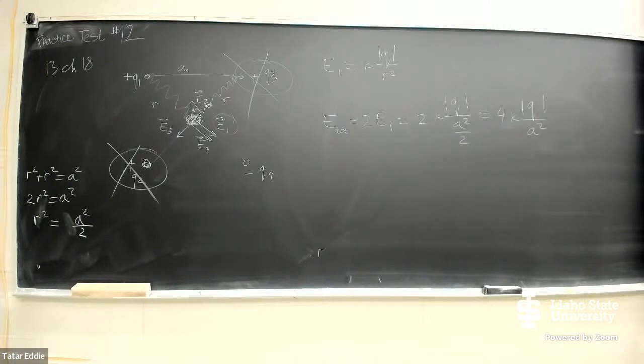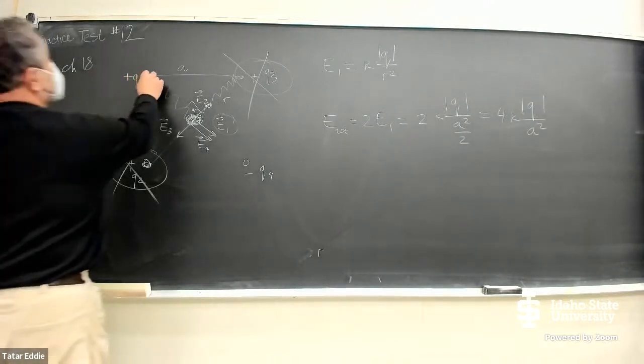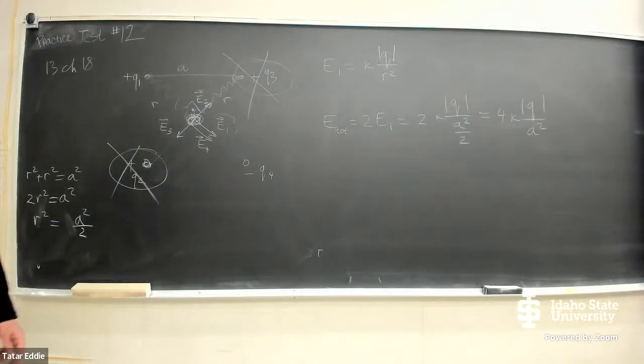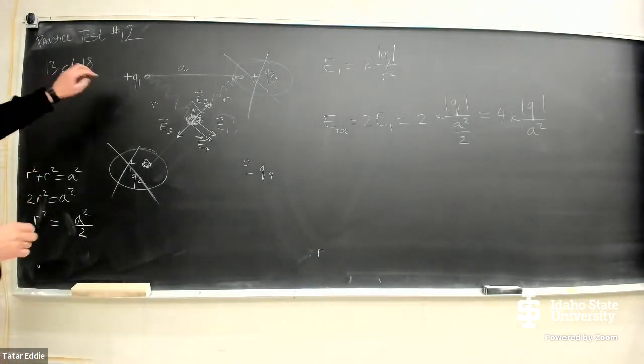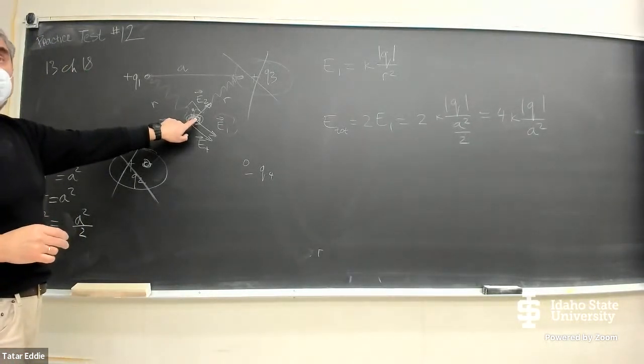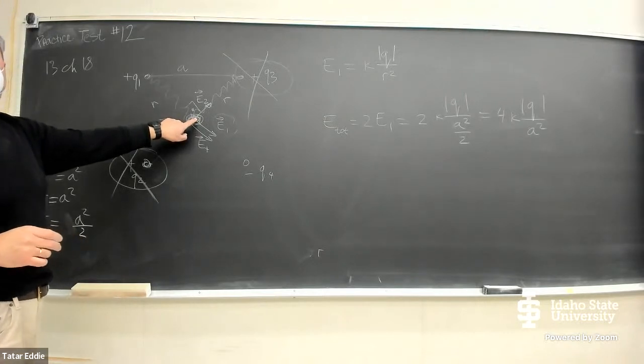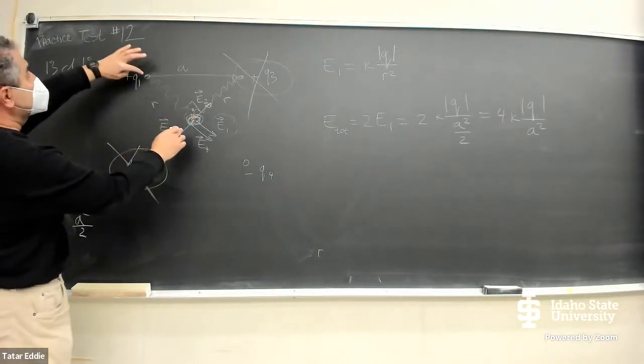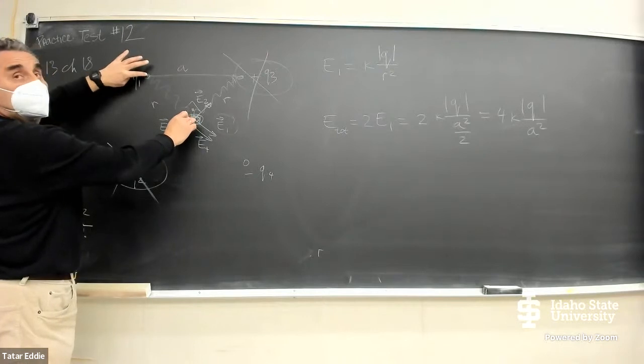Okay, yes. How come A isn't R? Because it says that it's 4.1 centimeters on the side. So they say that the side of the square is 4.1, right? But the point of interest is here. In the formula for electric field, you have the distance between the source and the point of interest.